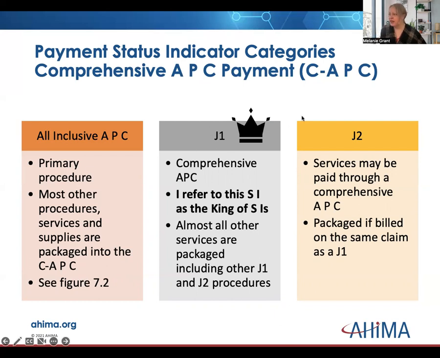You have status indicators of J1 and J2, which will identify the types of procedures or services done as your king of the status indicators. So your primary comprehensive APC is under your J1 status indicator, while other items may be packaged if billed on the same claim, but are typically considered paid as part of that comprehensive package.